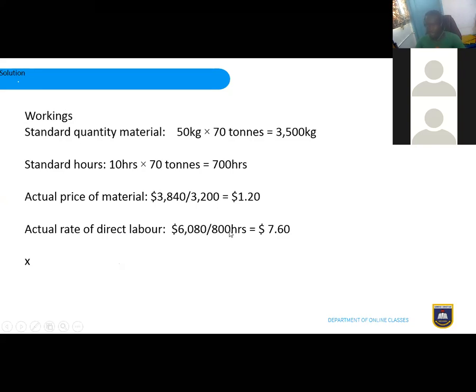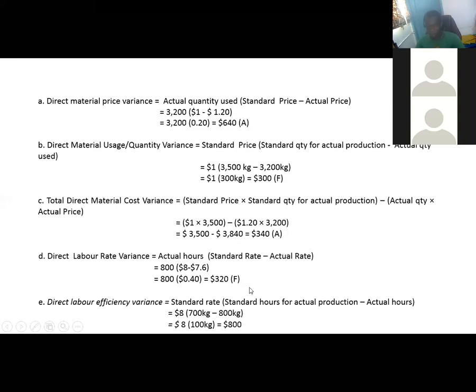When that is done, we are getting 7.60. So you move to your solution, then you write your 7.6 or 7.60. It's the same thing. Okay, then you are done with that.